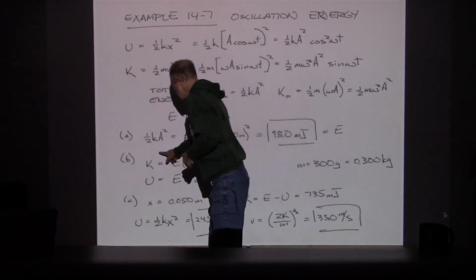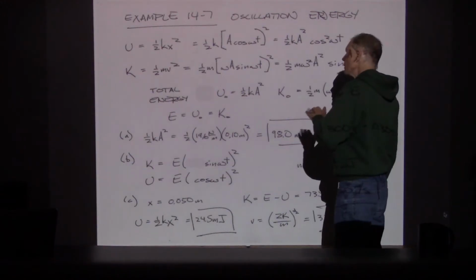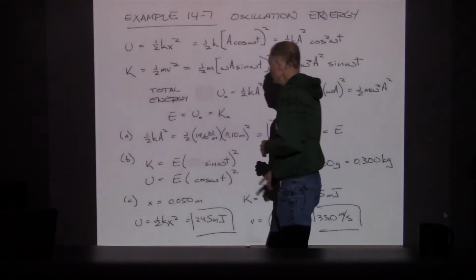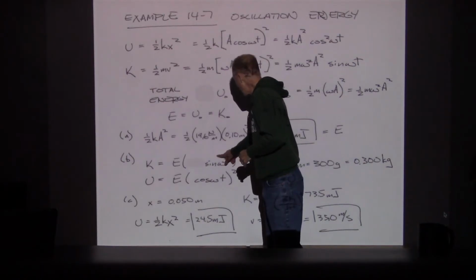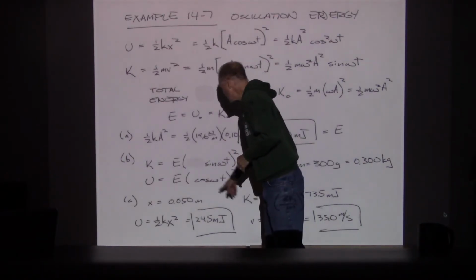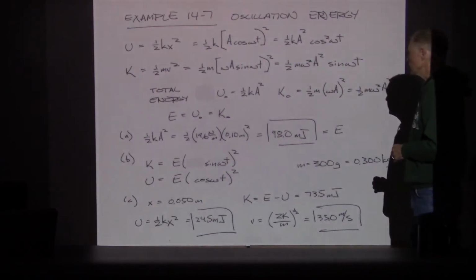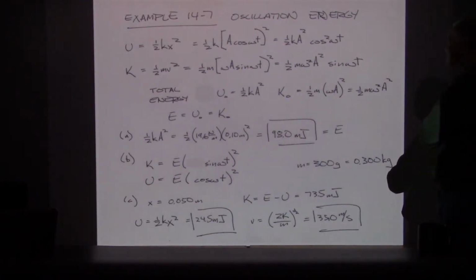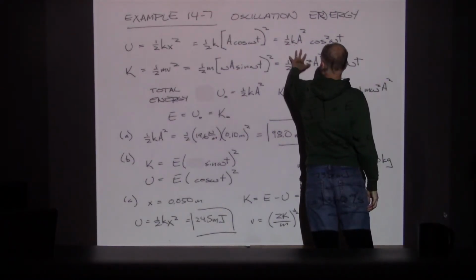Now for the kinetic energy and potential energy formulas, I'm going to try writing them this way. I'm going to write them as total energy times sine squared omega t, and total energy times cosine squared omega t. That seems handy. These coefficients out front are the total energy.